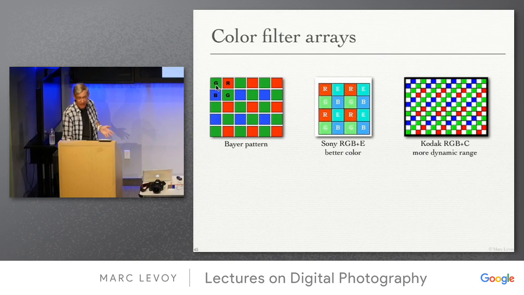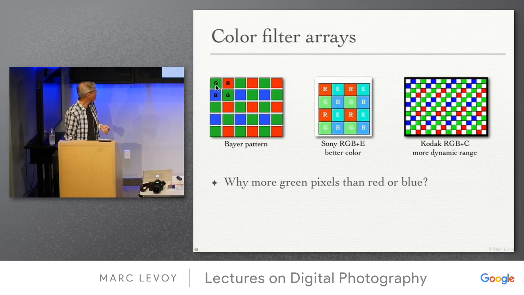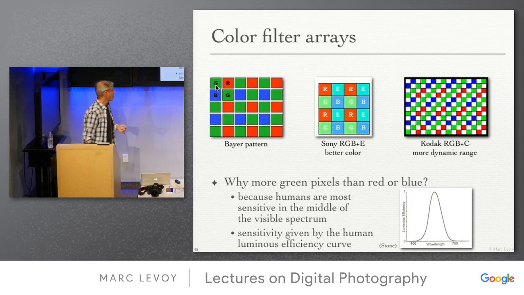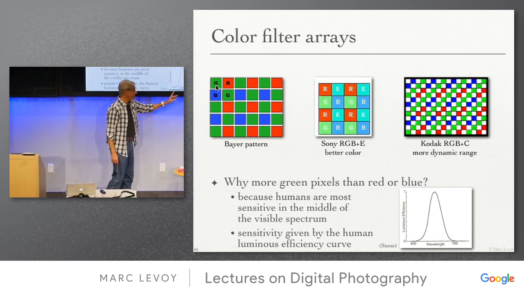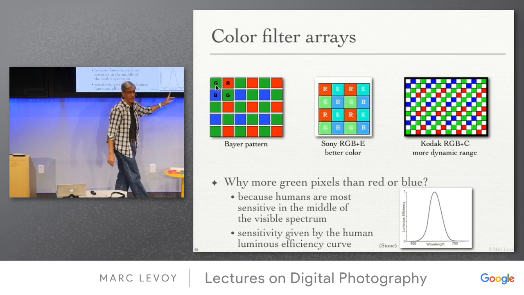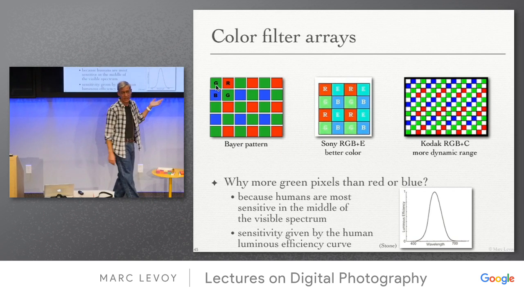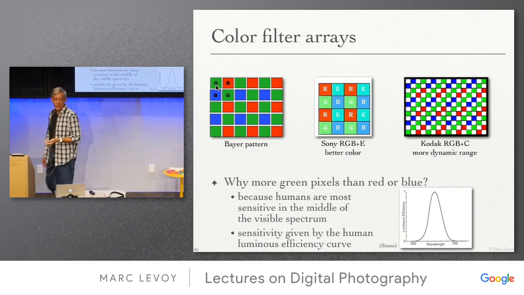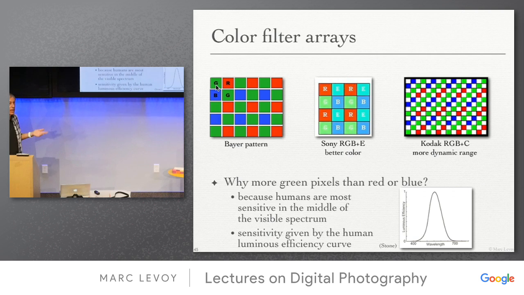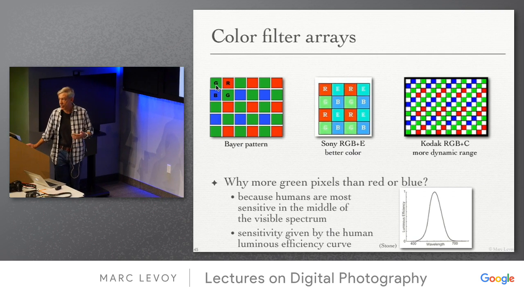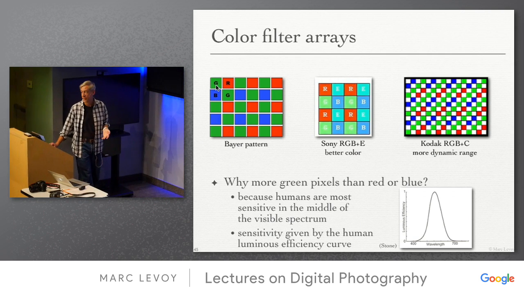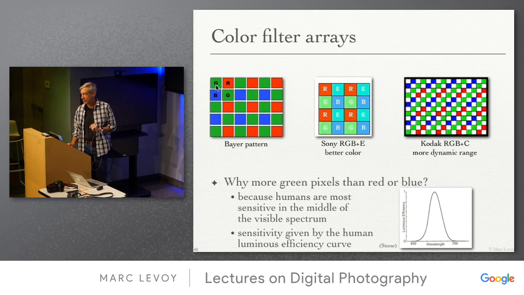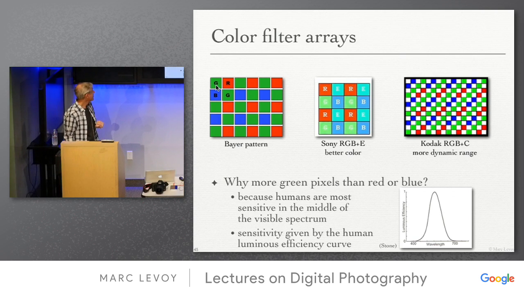Yeah, green? Exactly. We are more sensitive. So when we talk about color theory, we'll talk about this so-called luminous efficiency curve in more detail. But the basic idea is we're more sensitive to green. And you'd like a color camera to roughly match the sensitivity of the human visual system. I'll show an applet that quantifies that fact.